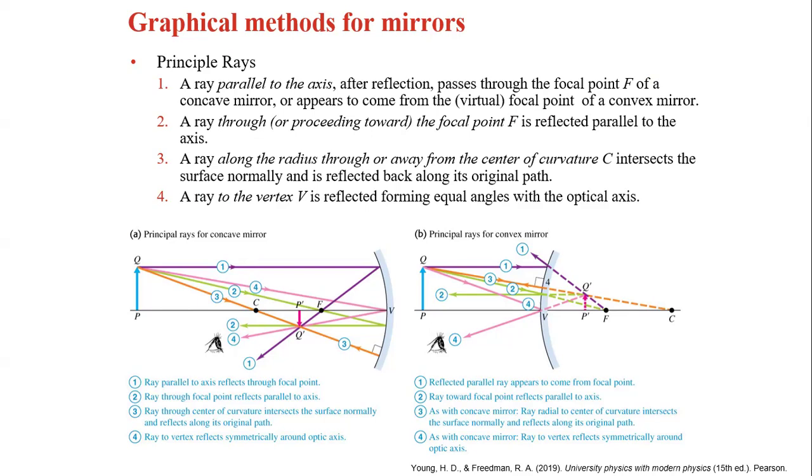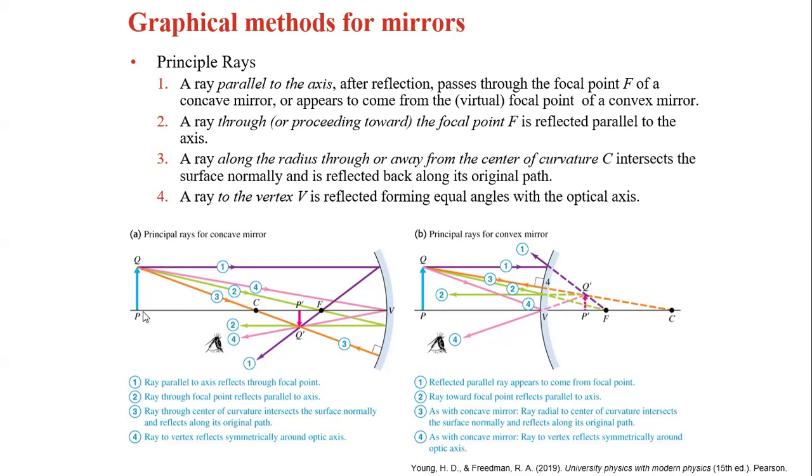For example, for the concave mirror, we have the four principal rays. Let's focus on the number one ray, which we call the parallel ray: a ray parallel to the axis.